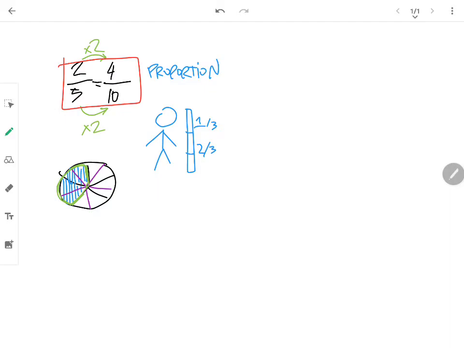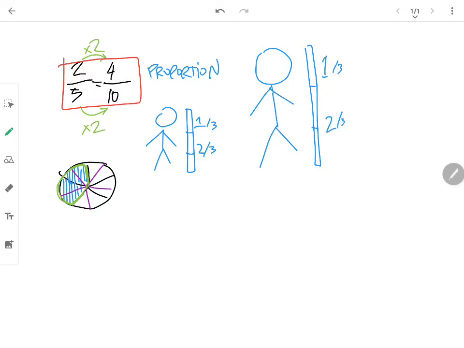If I draw a new stick figure with the same proportions, it should look pretty similar, right? It's just larger, okay? But the proportions from the head to the body are still 1/3 to 2/3, right?